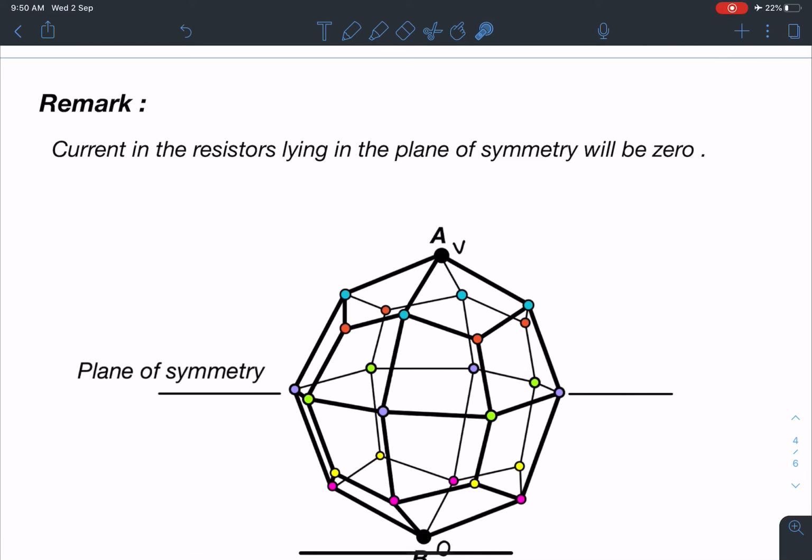That is the reason I did not take it directly. However, when I give the potential numbers or different colors, what I obtained towards the end is that in this plane there is no current. So next time when I solve this, I am directly going to remove these resistors from the circuit, and the problem will become very simple.